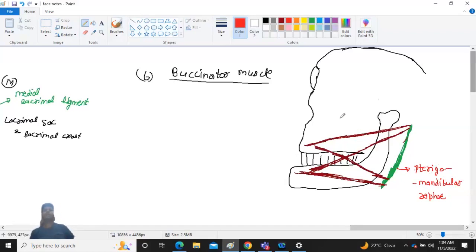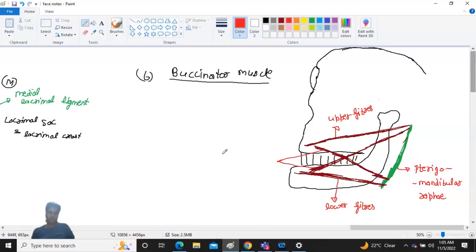Done. These are the upper fibers, lower fibers, and these are the middle fibers.